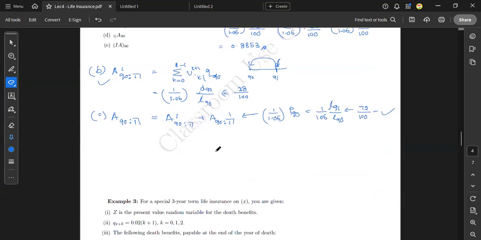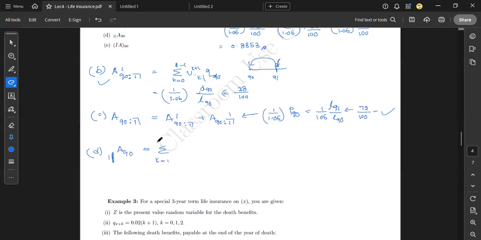So for the deferred life of 1 year, that means we go from N to the maximum value.